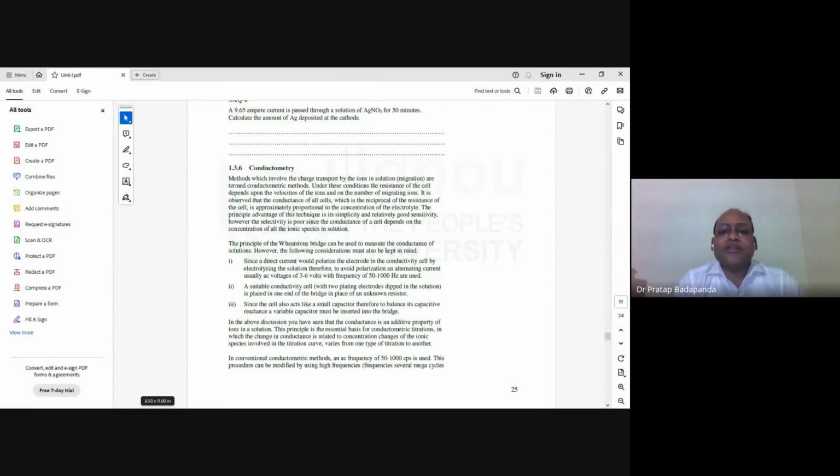In conductometry methods, under this condition, the resistance of the cell depends upon the velocities. I told you about conductance and resistance. If the resistance increases, the flow will decrease. The very basic fact is that the flow of current is opposite to the movement of charge, the electron.